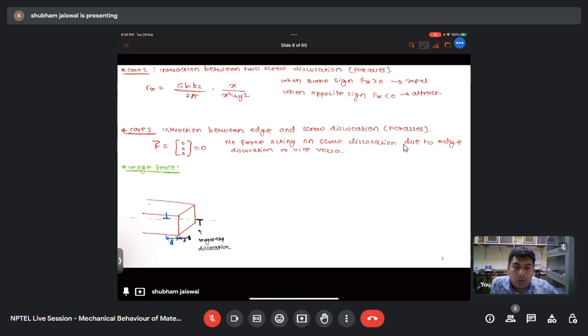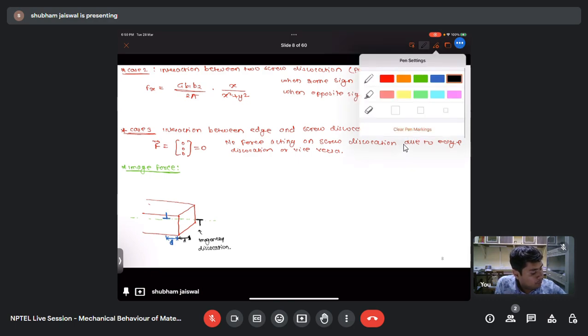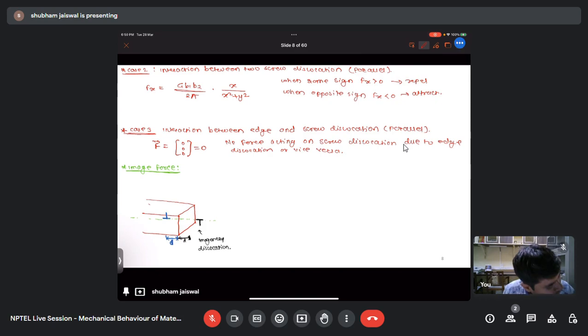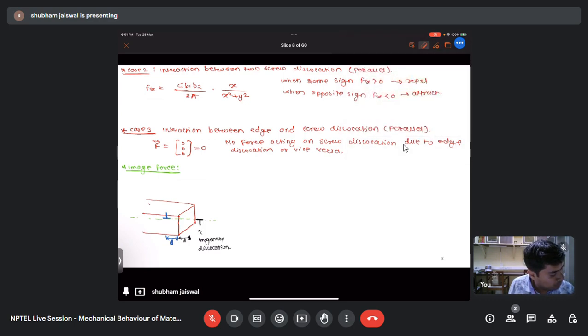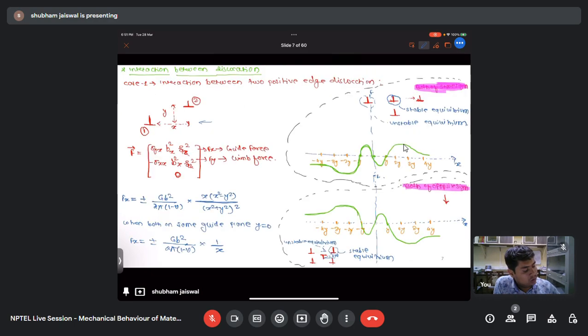So now here we can easily calculate, as these are two dislocations opposite in nature exerting forces. Simply if you apply the Peach-Koehler equation, we'll get the equation for Fx. For the edge dislocation, it is G b square upon 2 pi (1 minus mu) x into (x square minus y square) divided by (x square plus y square) whole square.